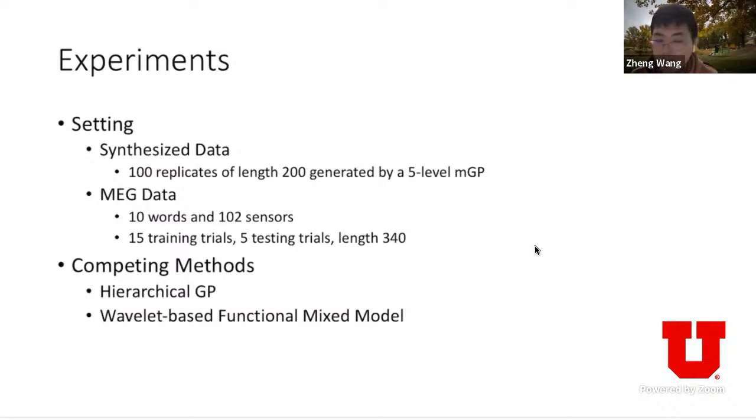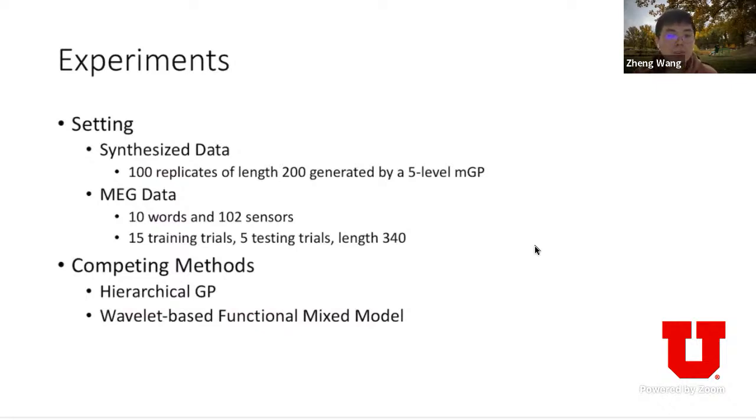And for the real data, they use brain activity data, and they tested on 10 words. And the helmet they use has 102 sensors. And for the experiment, they use 15 training trials and 5 testing trials. Each trial is of length 340.